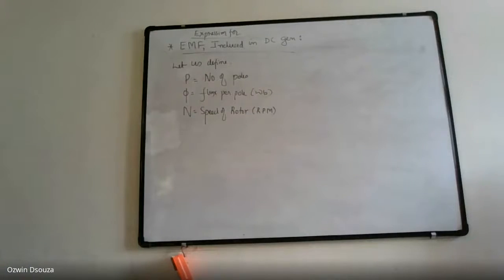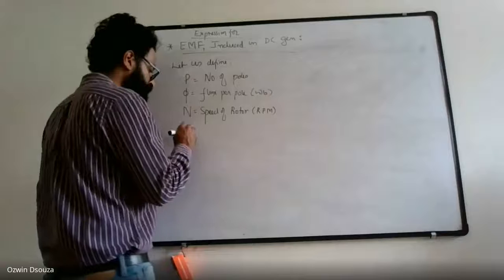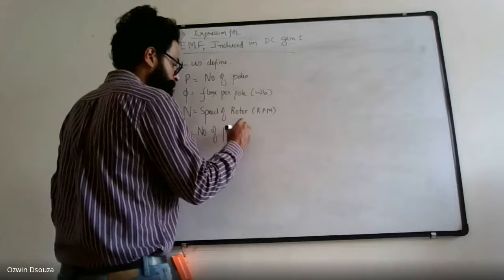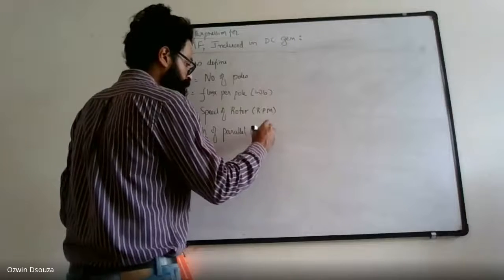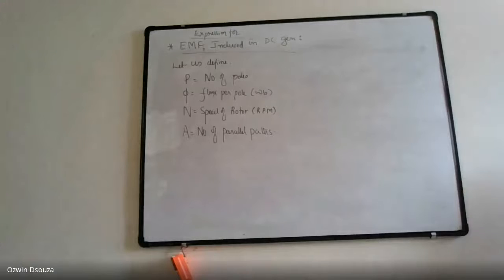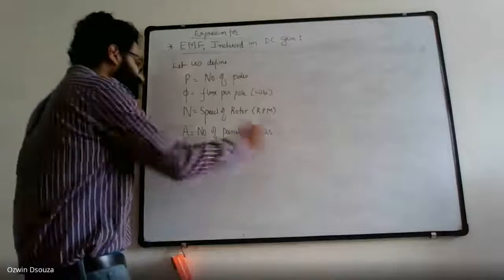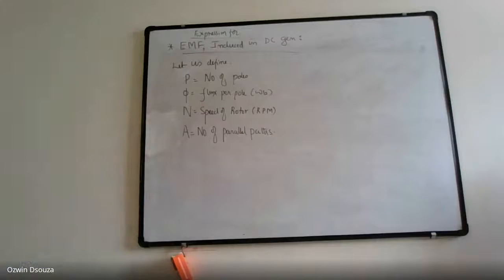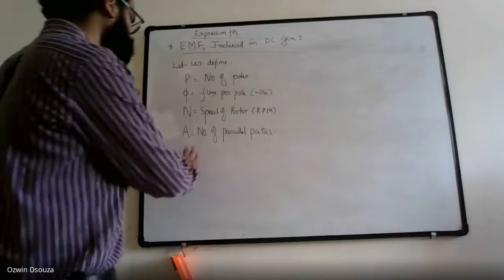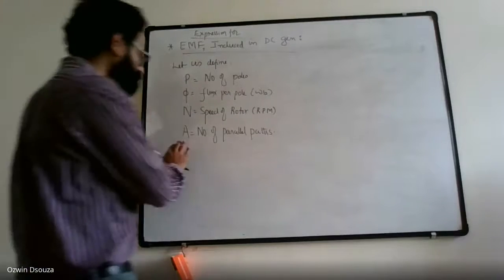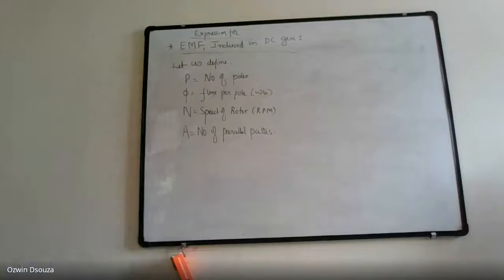And also, let us say A is equal to number of parallel paths. I will come to it. Though in basic electrical engineering we are not going to do a detailed assessment of parallel paths, lap and wave winding, to some extent I'll be able to explain. As of now, let's take A is equal to number of parallel paths.